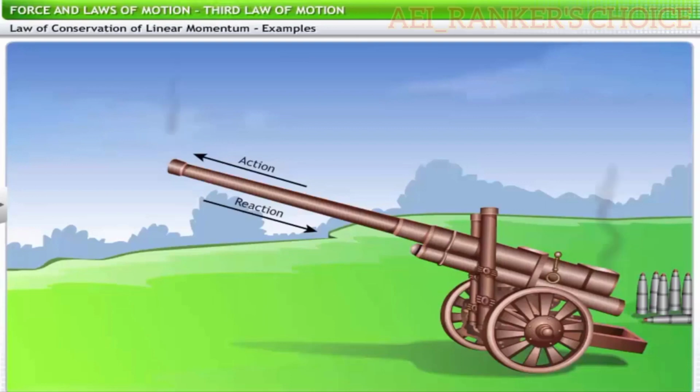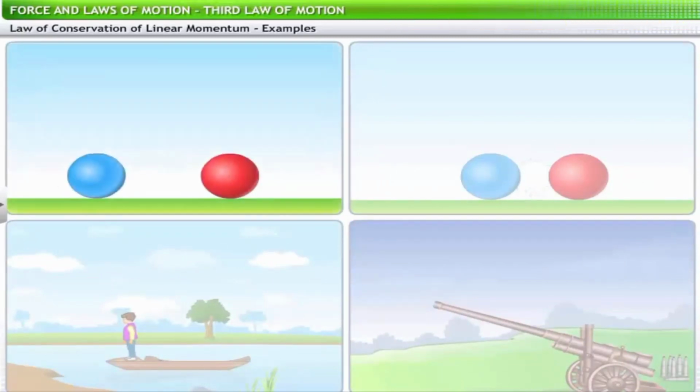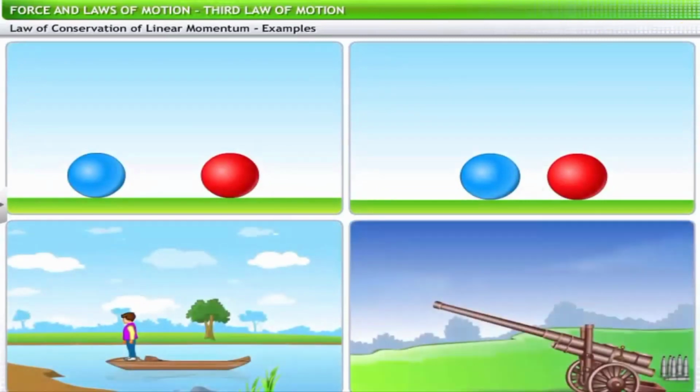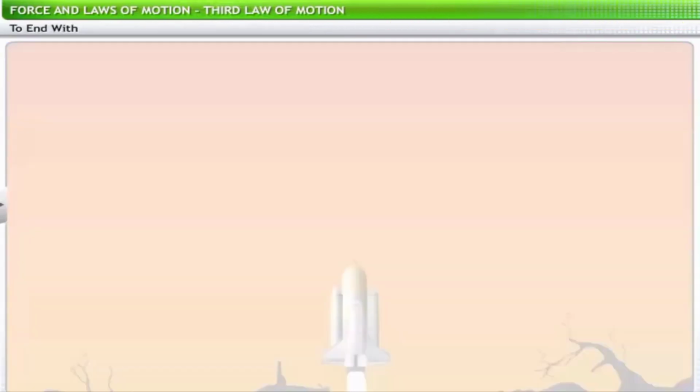If the wheels of the cannon are not locked, the momentum due to recoil makes the cannon roll backwards. The law of conservation of momentum, formulated nearly 3 centuries ago, is an inference from a large number of observations and experiments. It is interesting to note that not a single situation observed so far contradicts this law.